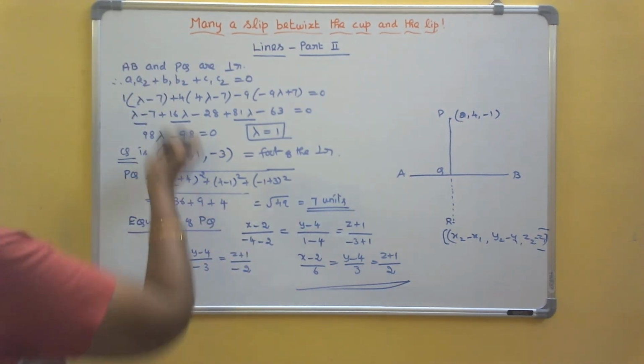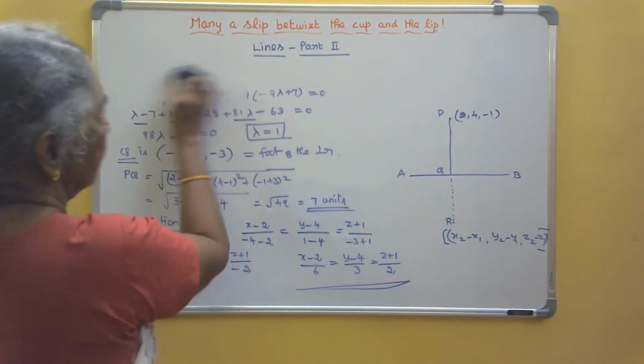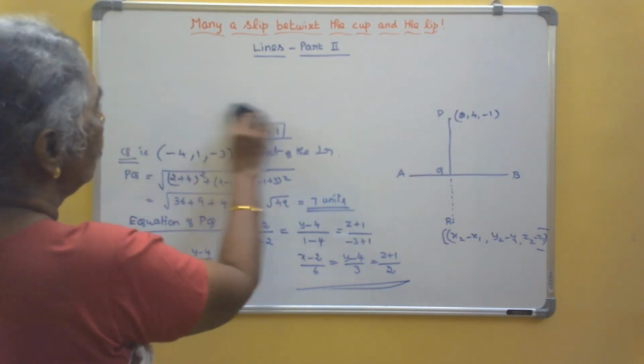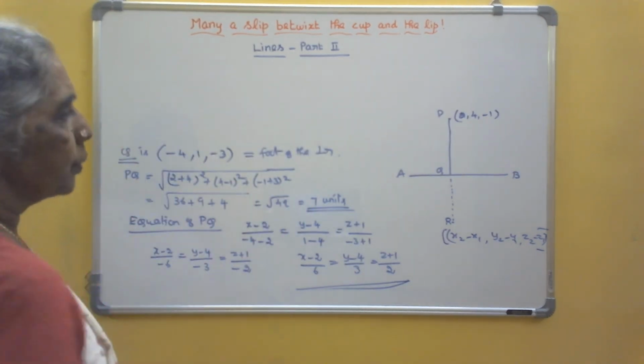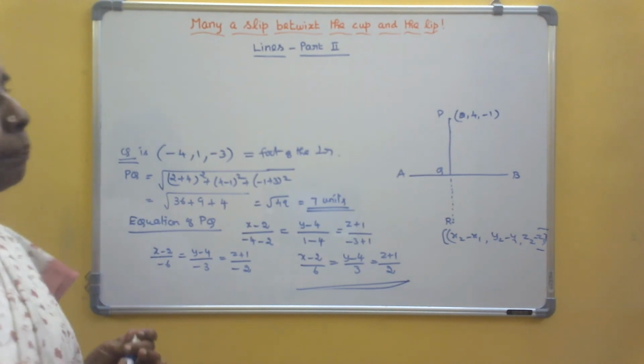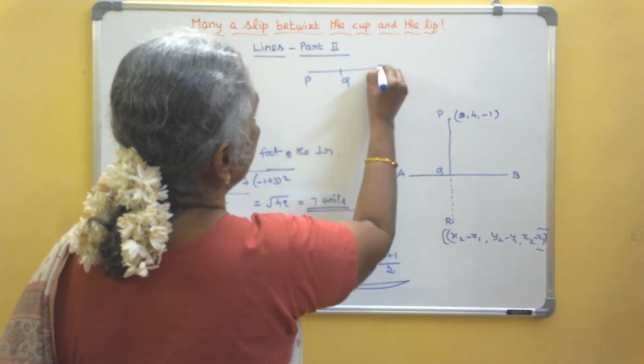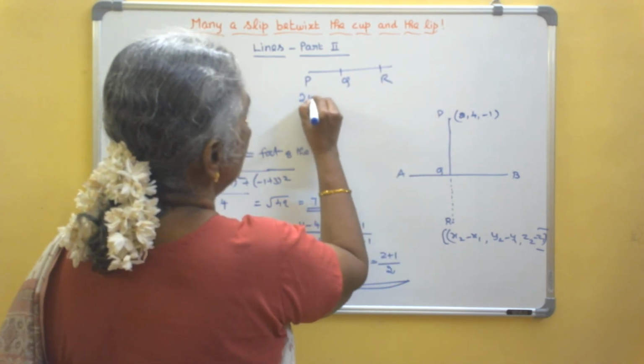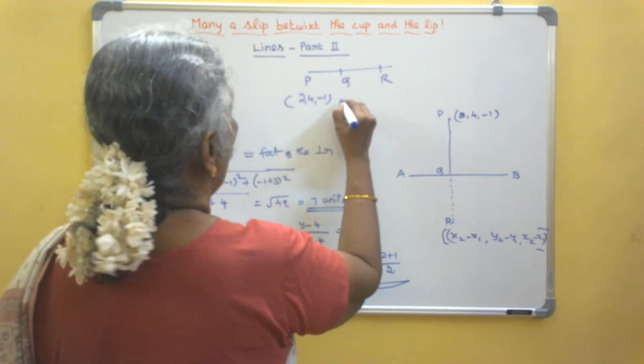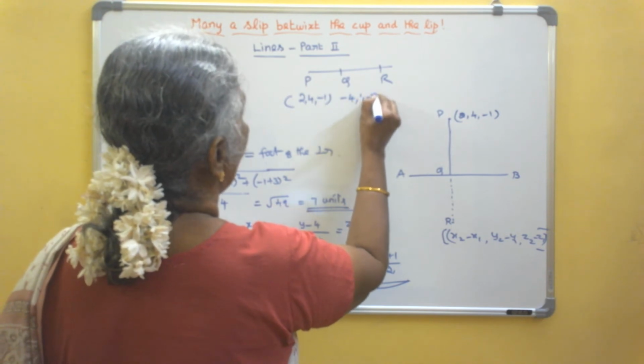For that, let us use the concept that PQ will be equal to QR. I told you, isn't it? That is, Q will be the midpoint of PR. I can write P, Q and R. P is (2, 4, minus 1) and Q is (minus 4, 1, minus 3).